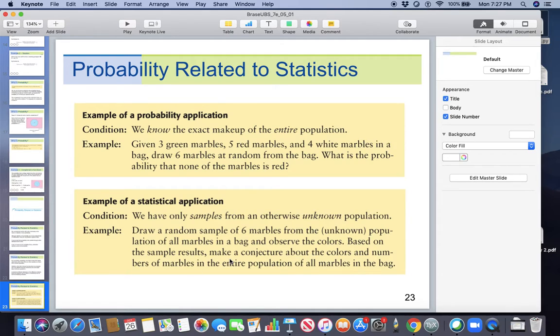Based on the sample results, make a conjecture about the colors and numbers of marbles in the entire population of all marbles. So you see, that's a rather particular problem. And here you don't even know how many marbles are there, let alone what their colors. So you're drawing samples and from them inferring about the bag of marbles.